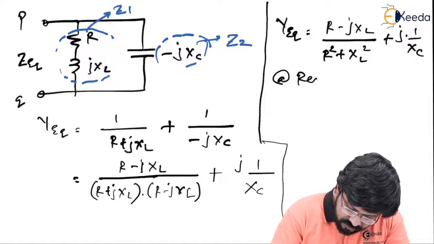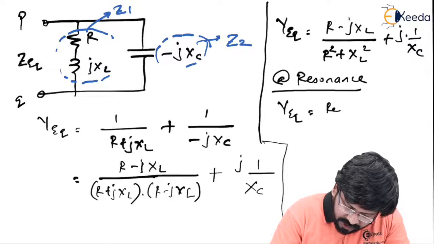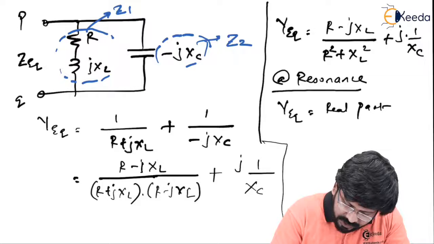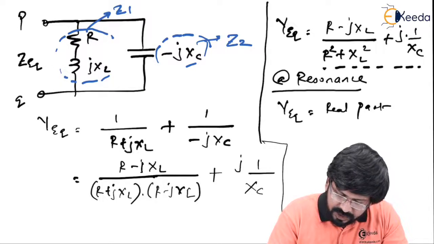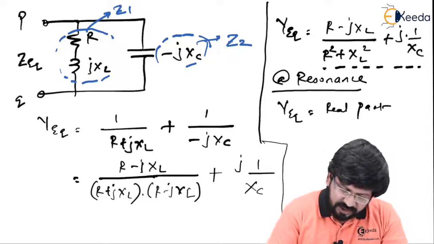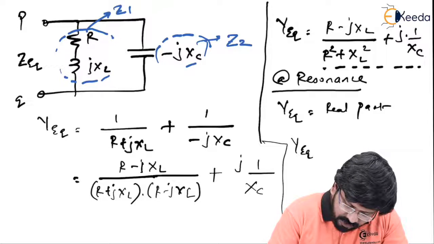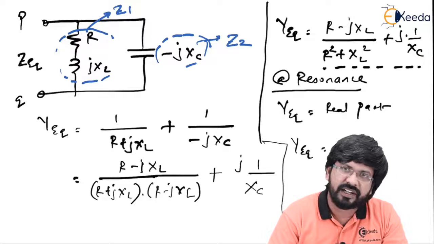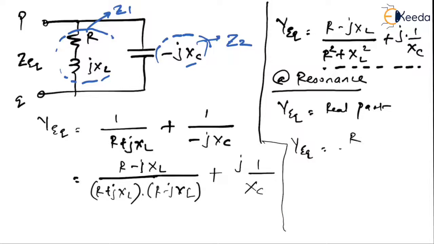At resonance, never forget Y equivalent is only real part. So in this equation, if you separate real part and imaginary part, the real part of Y equivalent is simply R upon R square plus XL square.